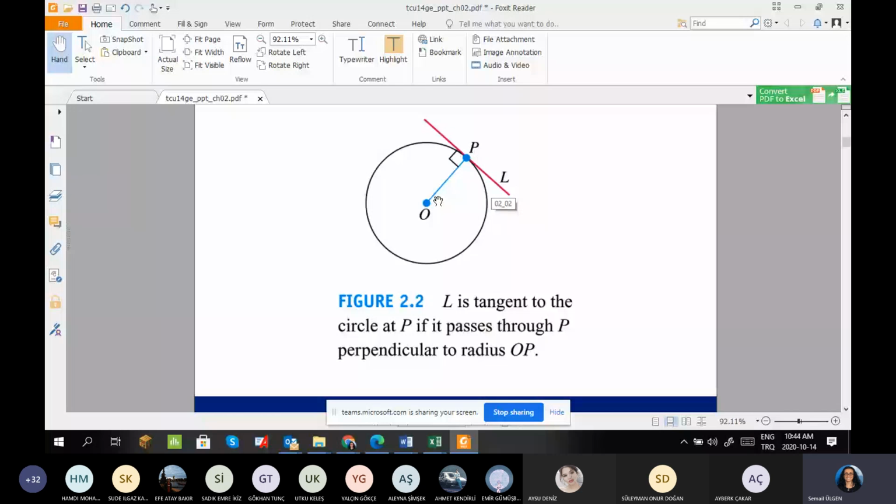Then this is called a tangent line. This tangent line to the circle intersects the circle at only 1 point. That's why we call it a tangent line.